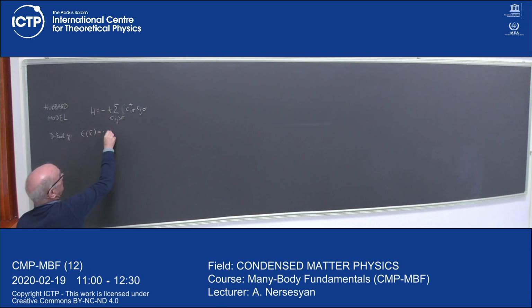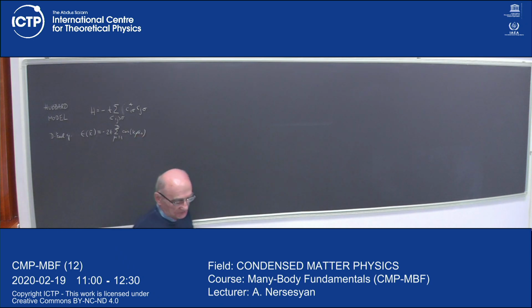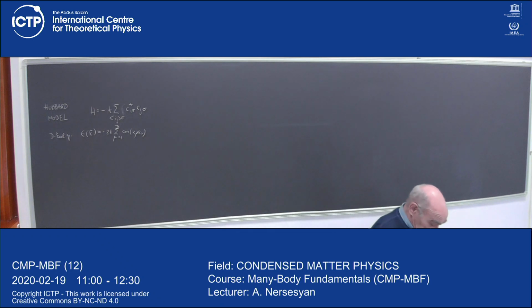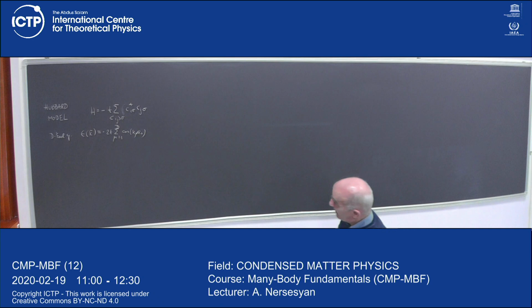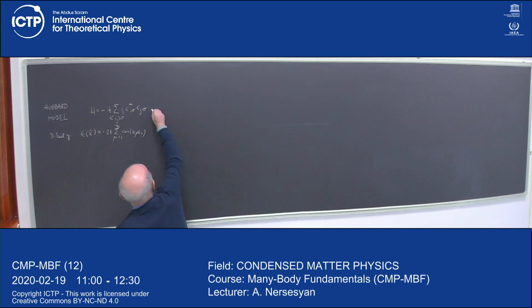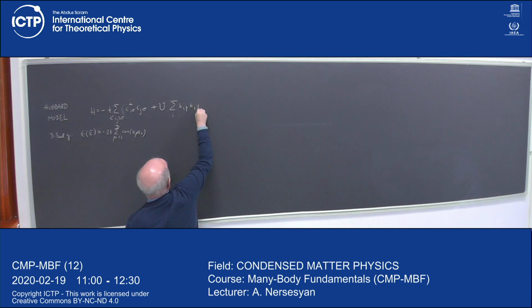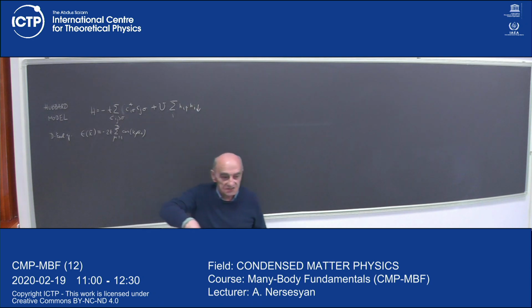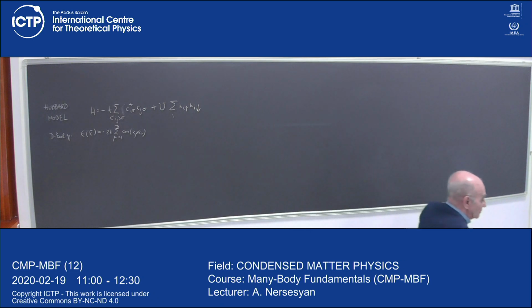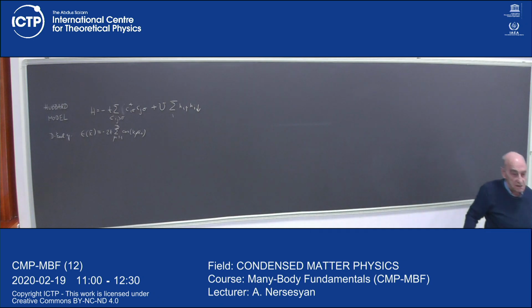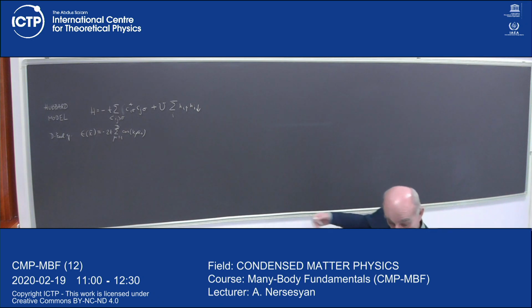That would give you the standard cosine spectrum, which is a direct generalization of the well-known one-dimensional cosine spectrum. But then to this, what we add is the Coulomb repulsion between the electrons with opposite spins sitting on the same lattice site.